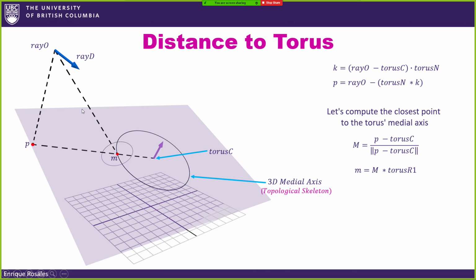The interesting thing about this triangle is that because this vector represents the projection between the ray origin and point P, it means that this vector is orthogonal to the plane. So this vector right here is the same as the normal. It means that this triangle is also orthogonal to the plane.